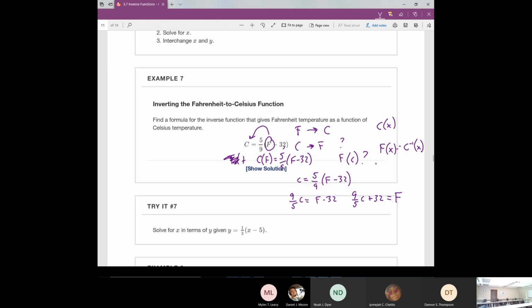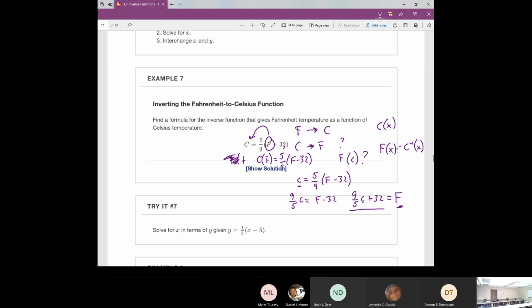How do I know that? Well, let's do a little more mathematics on that. But remember, all we have done is converted a function where we have C by itself on one side. We just do the algebra to get F by itself on one side, and I have the inverse.